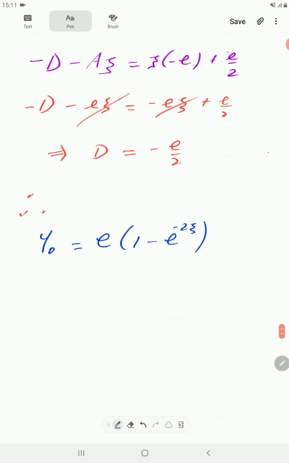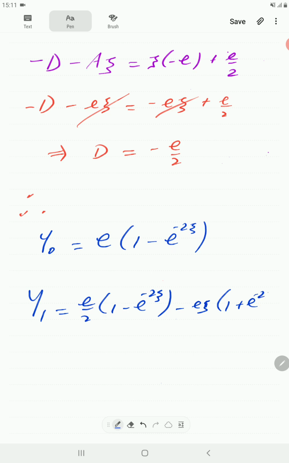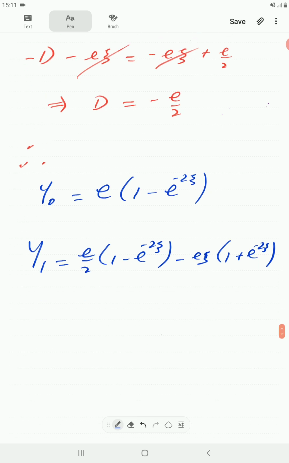And then on the other hand, y1 is going to be equal to e over 2, 1 minus e to the minus 2xi minus exi 1 plus e to the minus 2xi. And so our solutions are fully determined now. However, that's not the end.